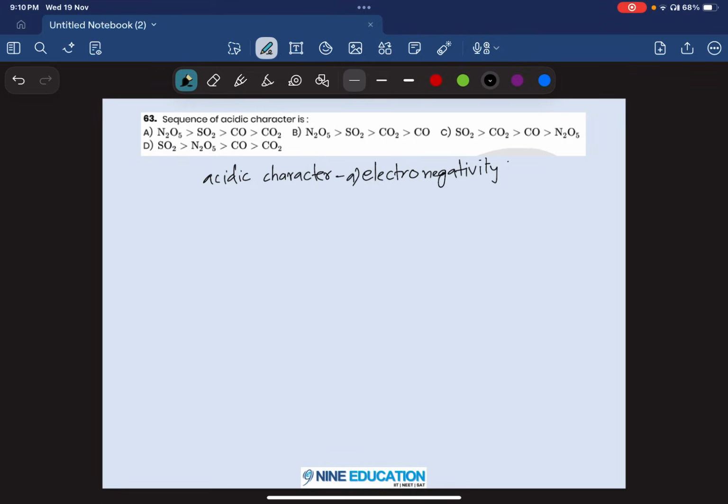And then the second thing is oxidation state. These are just some tricks to solve this sort of question. The higher the oxidation state of the central atom, the higher the acidic character of the oxide. So here, comparing both of them, electronegativity of nitrogen is greater than sulfur. So the oxide of nitrogen would be more acidic than the oxide of sulfur.